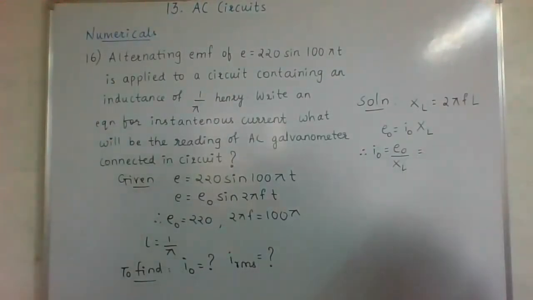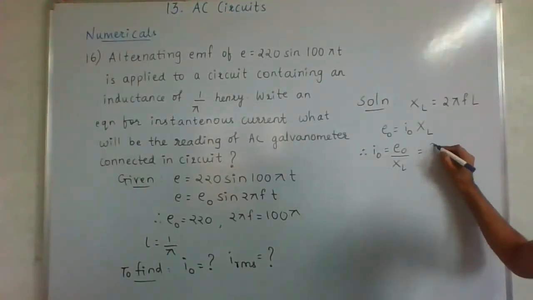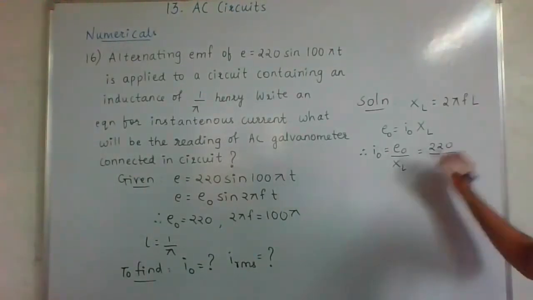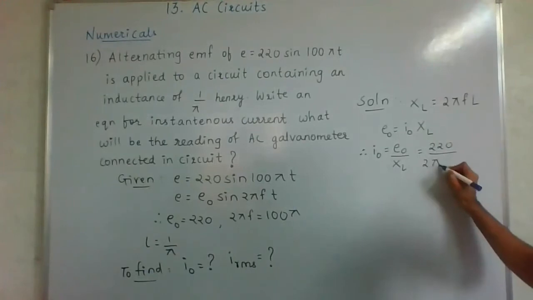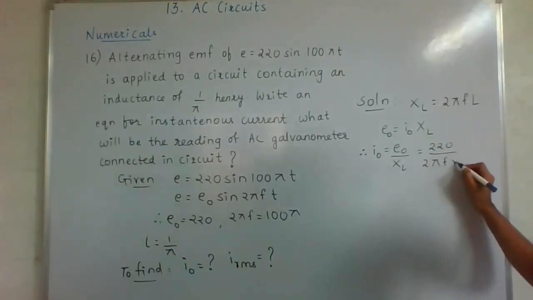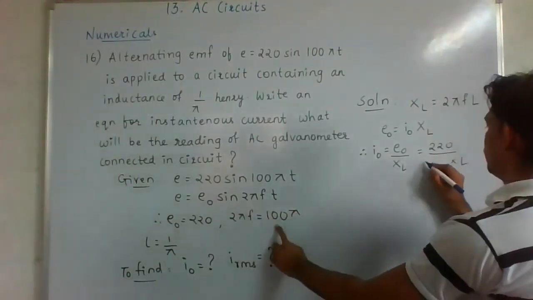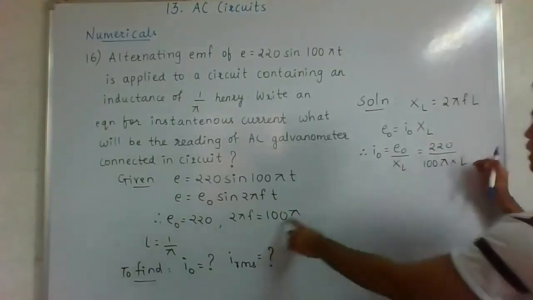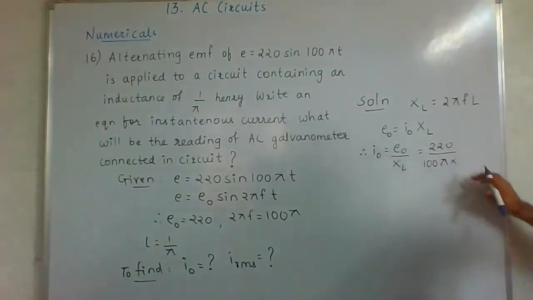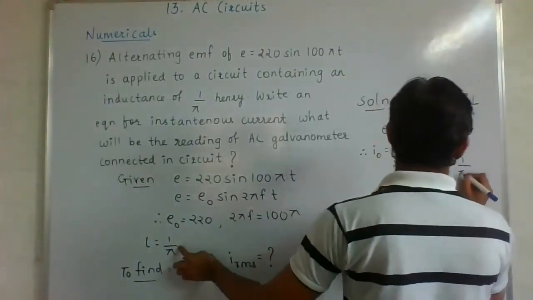चलो वैल्यू सब्स्टिट्यूट कर दो. E naught का वैल्यू है 220, XL के बदले 2 into pi into f into L. Now what I'll do, instead of 2 pi f, we know the value is 100 pi. Instead of L, the value is 1 upon pi.